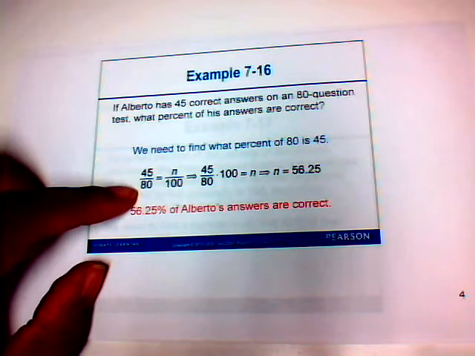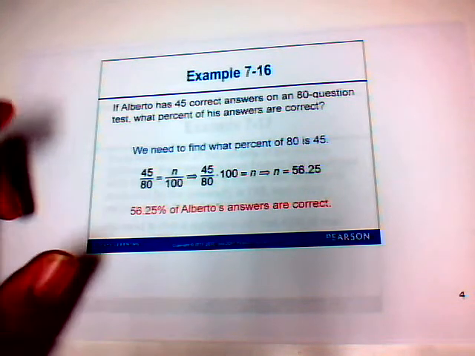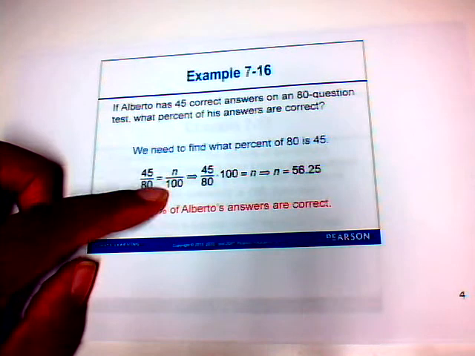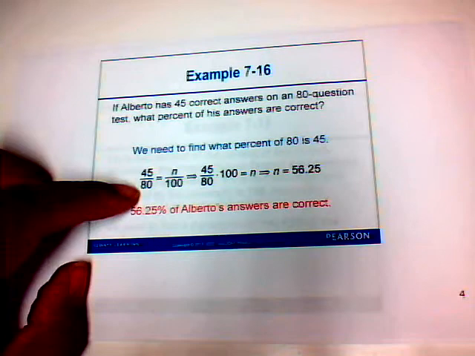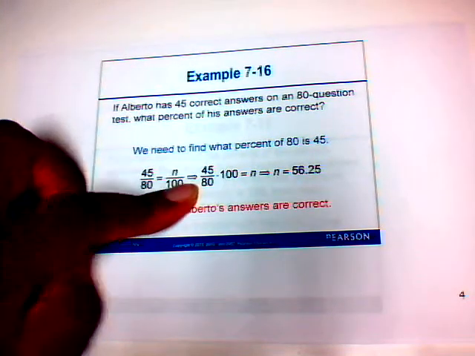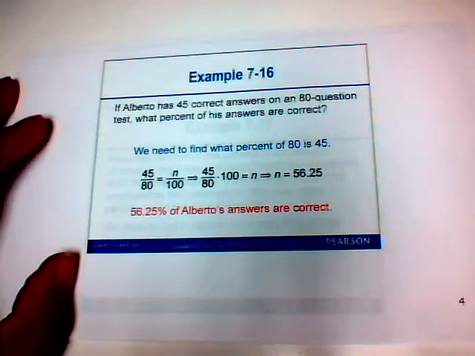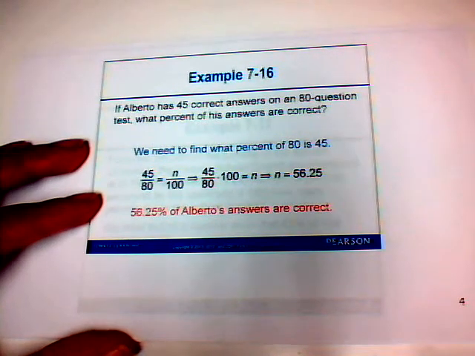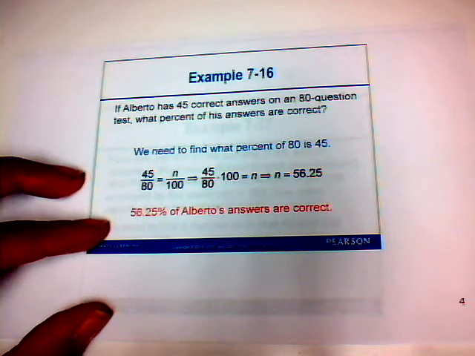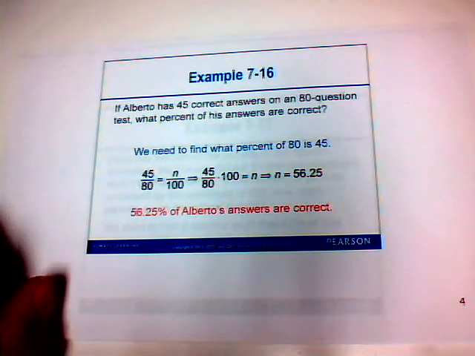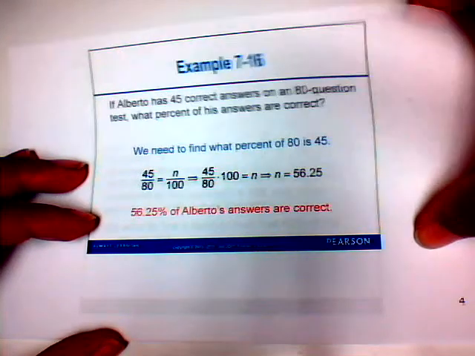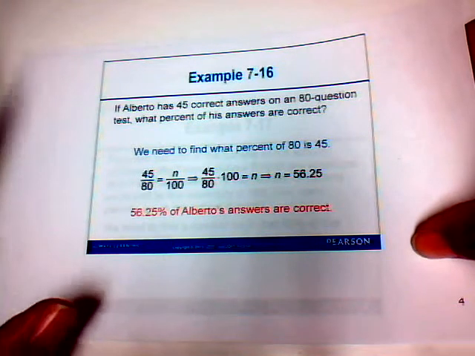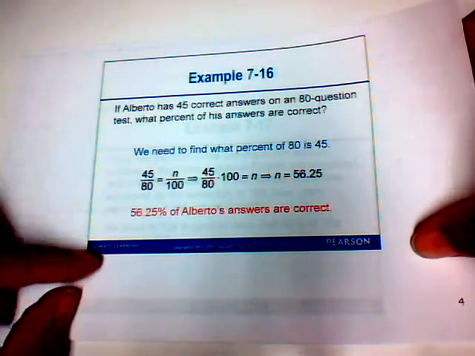So that's 45 over 80, and it's equal to, now we want to find out what percent, n over 100. So to find out what n is, we multiply both sides by 100, so you're going to get 45 over 80 times 100, which will give you n, and n, of course, will be 56.25. So 56.25% of Alberto's answers are correct. That's an example of finding what percent one number is of another.